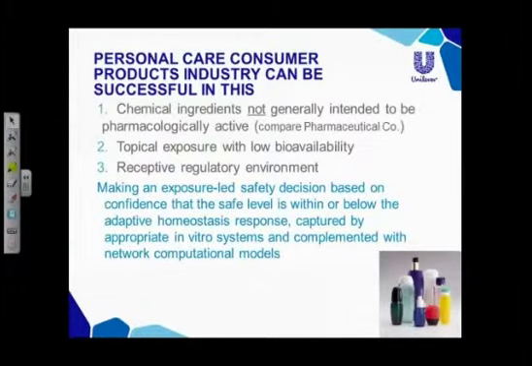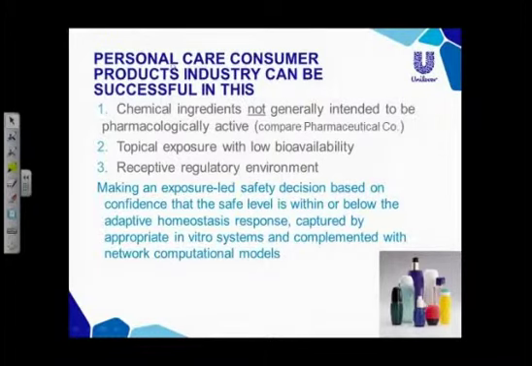Now, those of you from the pharmaceutical world, probably this isn't necessarily going to be appropriate, and certainly not going to be great for the regulatory environment for the pharmaceutical world. Because in the pharma world, you're setting out to have a profound pharmacological effect on people. You're deliberately setting out to have things very bioavailable and to have perhaps a very specific or sometimes non-specific receptor effect and pharmacology there.